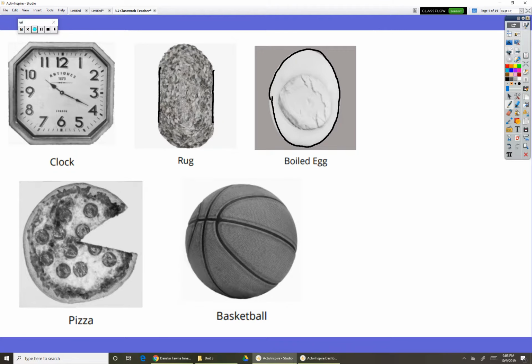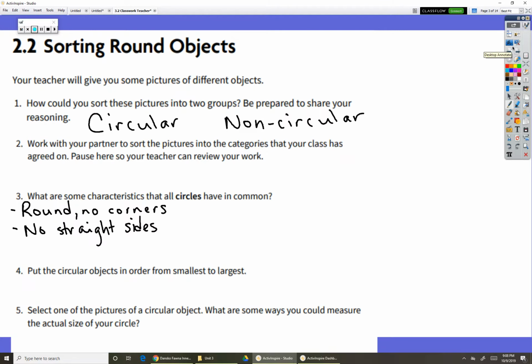A circle needs to be the same distance across in every direction. So it has to have the same length, width, height, everything. So same distance in all directions.